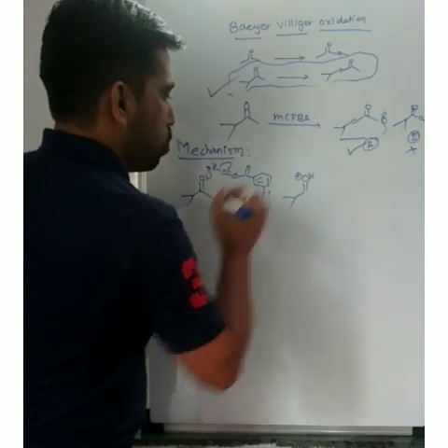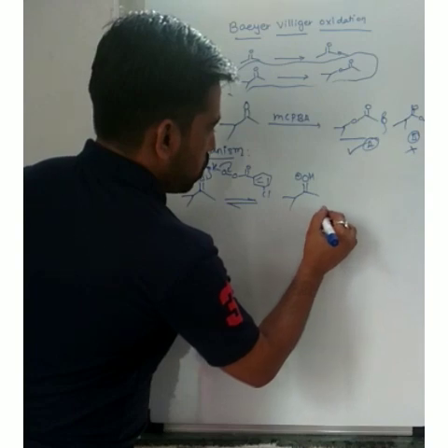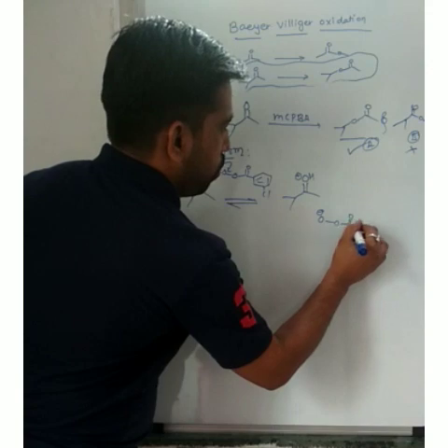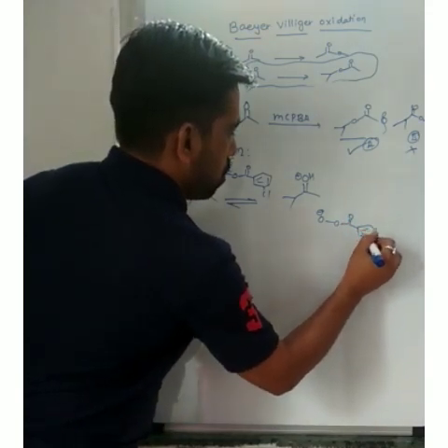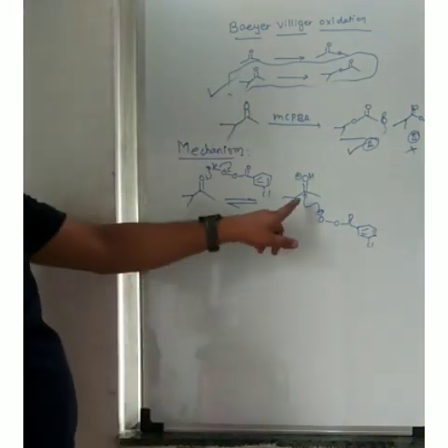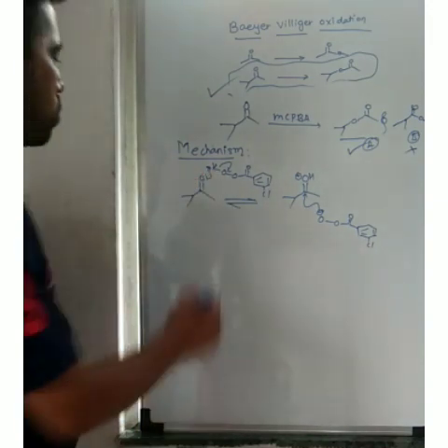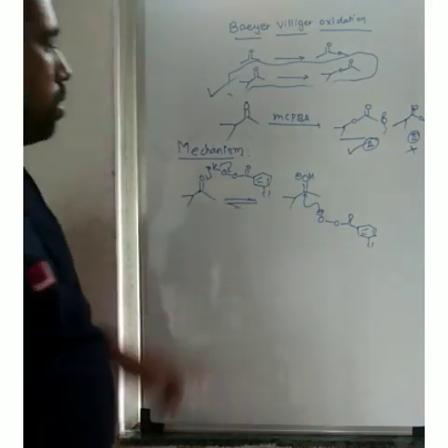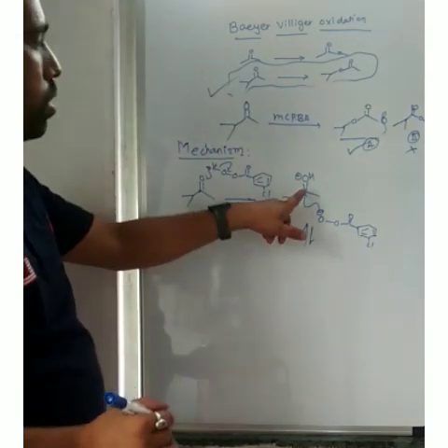There is oxonium ion formation. Now this oxyanion of the metachlorobenzoic acid attacks the electron deficient carbonyl center. Extracting the proton from the acid gives a very electron deficient center. The second attack takes place at this position, the electron deficient carbonyl center.